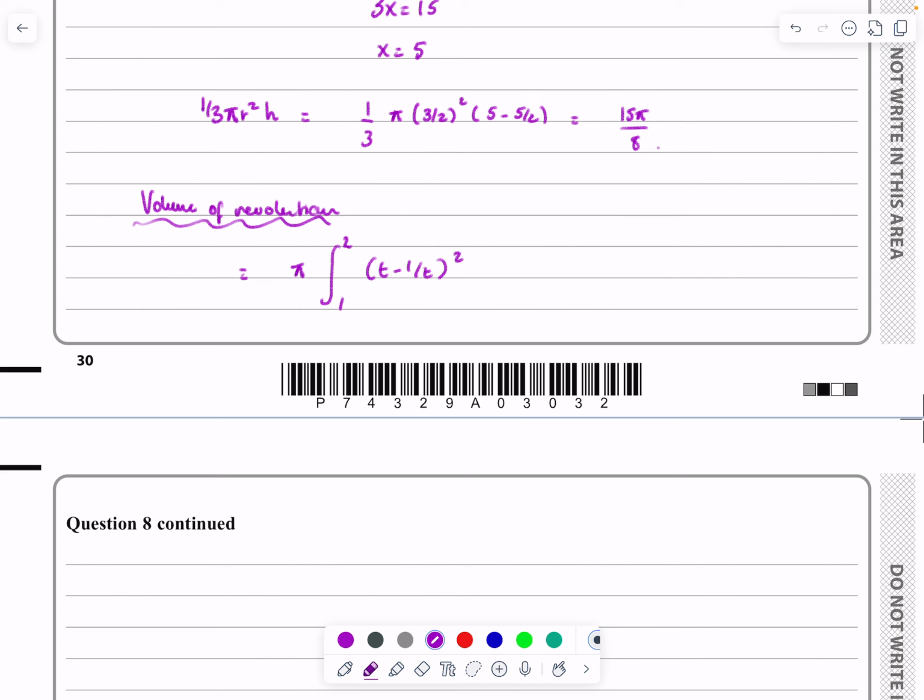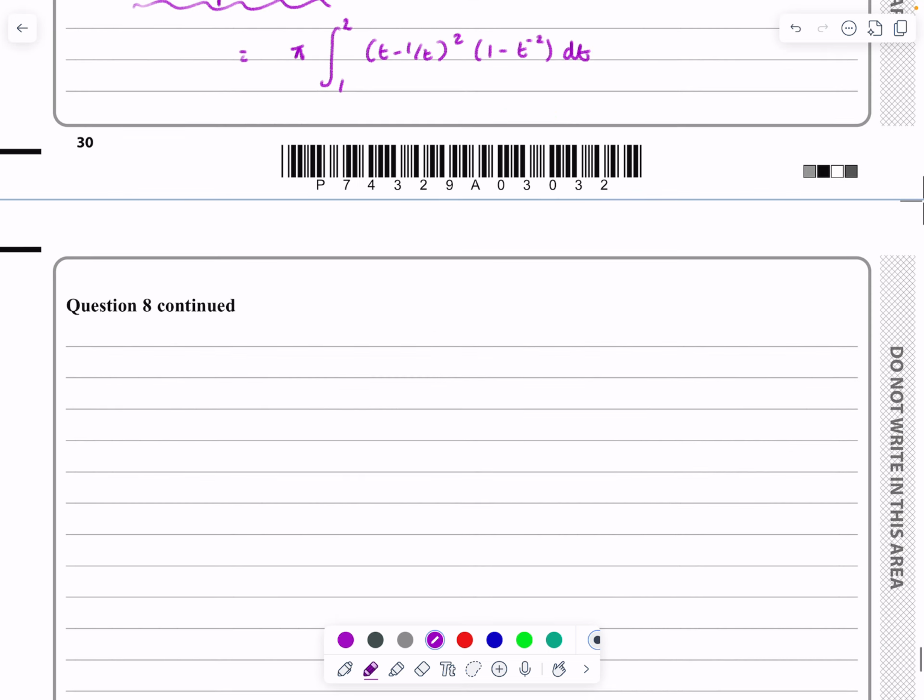And dx by dt we've already got as well, was 1 minus t to the minus 2 dt. So still quite a bit of algebra involved in this one. I'll race through it as quickly as I can, but yeah, this is the last question of a P4 paper. Find that it's going to be really quite grueling in terms of what we've got to do here. So I'm going to do it fairly quickly.